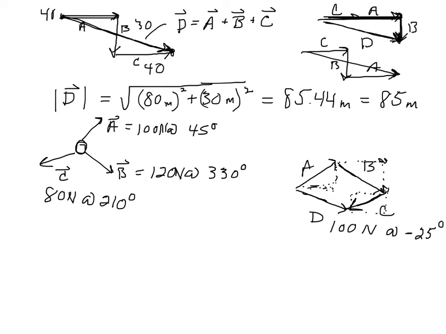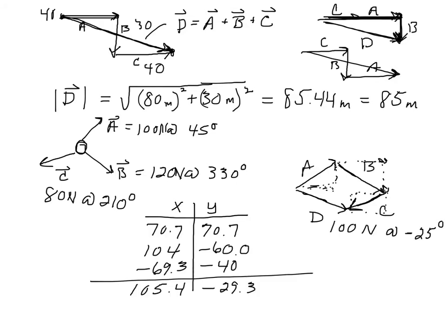So we would make a table, the X component, the Y component, and sum them up and find the resultant vector. Now why? Because X's are in the same direction and can be added just with plus and minus signs. And the Y's are all in the same direction. So this is what we call the component method, and it's important that you learn this method. So I'm going to pause the video and do those calculations.